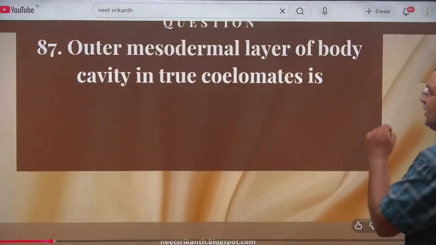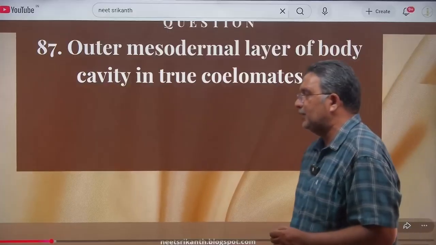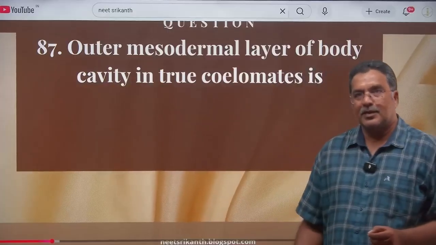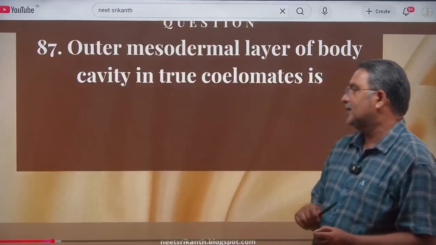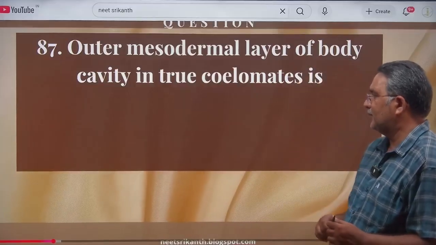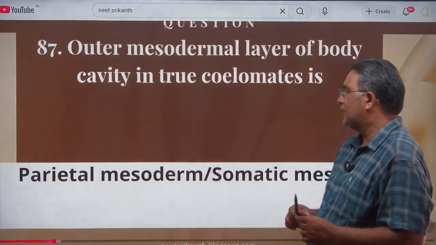The outer mesodermal layer of the body cavity in true coelomates is called somatic or parietal mesoderm.